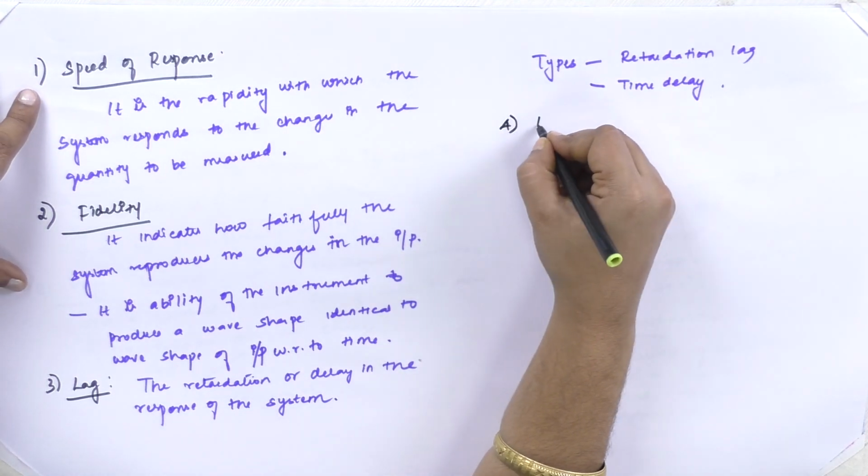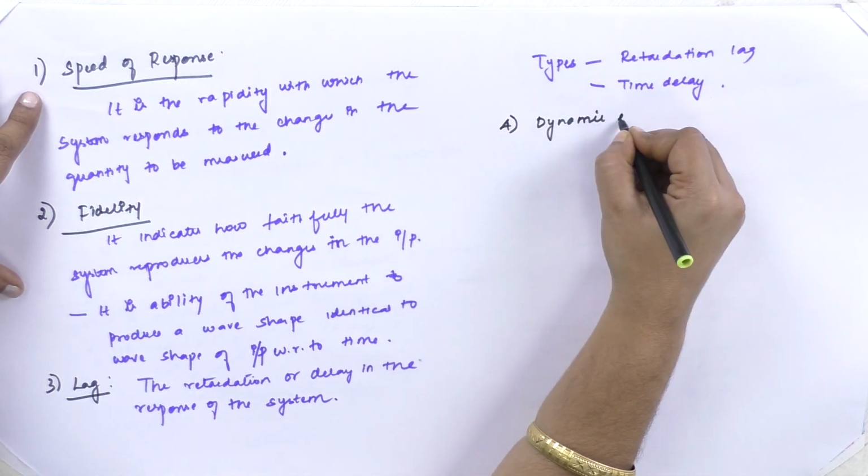The fourth dynamic characteristic is called dynamic error.